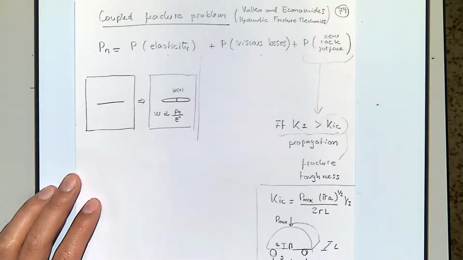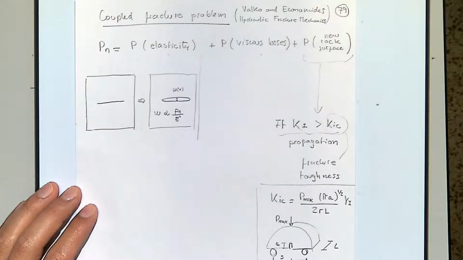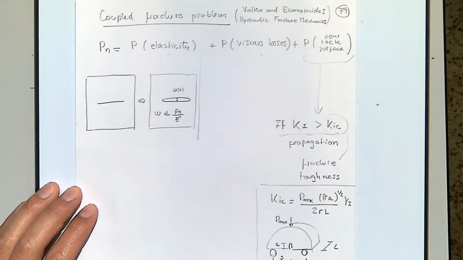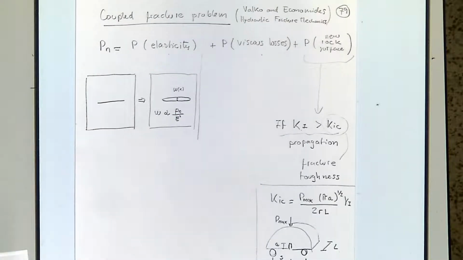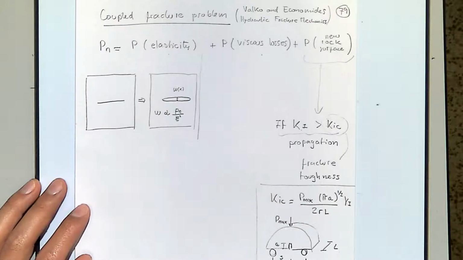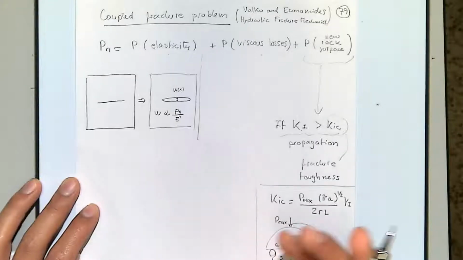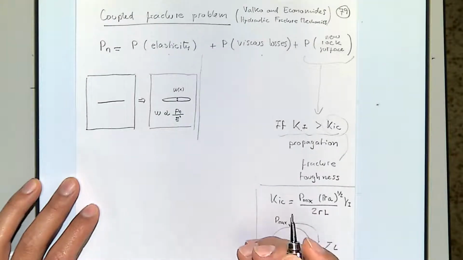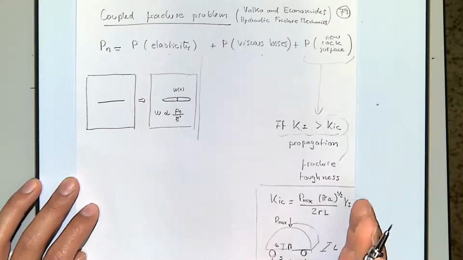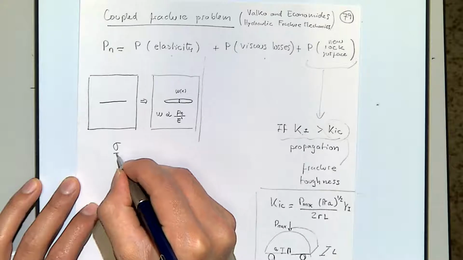What the actual pressure is that we need in order to open that fracture, we're going to see one particular case in a bit, but if you had a general pressure variation as a function of distance, if it's not constant, or if you had a three-dimensional fracture, you can solve this problem. We assume elasticity, it's just elasticity, right?